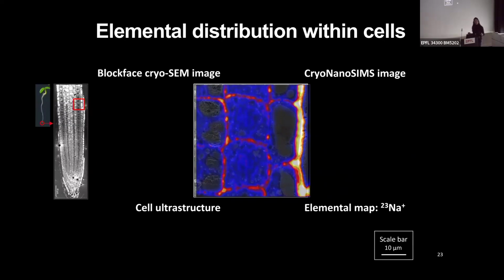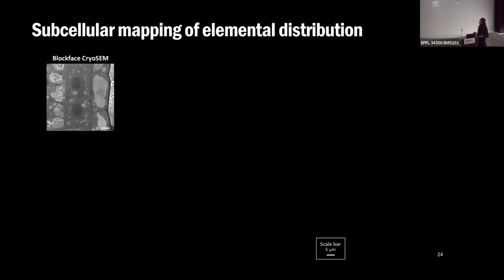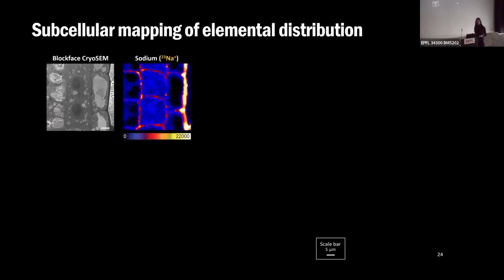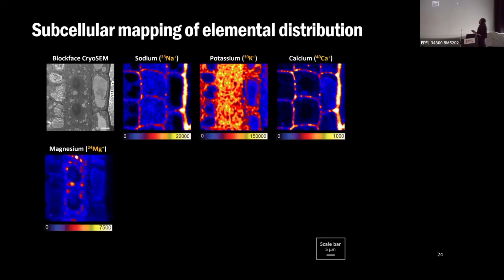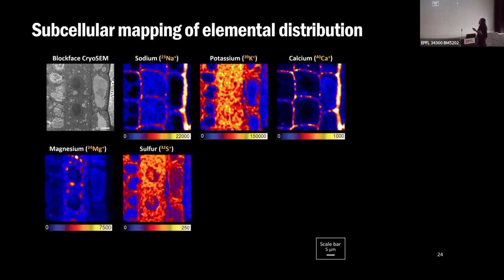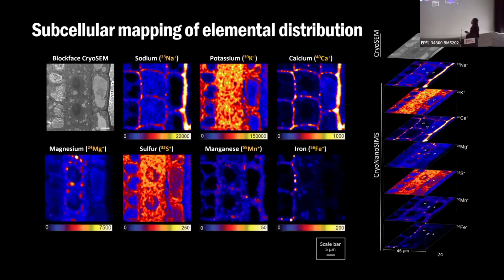And like I said, it's not just one ion that we look at, but we can look at like 7 different ions in parallel. So for example, in the same tissue, in the same position, we can look at sodium, and I have a picture of potassium, calcium, magnesium, sulfur, manganese, iron. So these are all some of the physiologically important ions for the plant that I've picked. And we are looking at the same exact location, and we can now start to see how these ions are actually redistributing within these tissues.